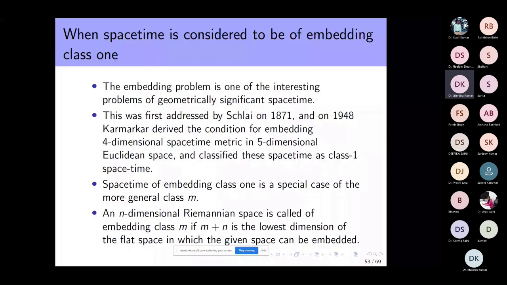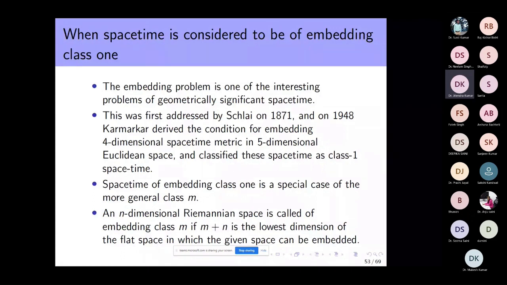First, how will we identify the embedding class? Suppose we have some metric with some dimension, and we reduce that metric into flat space-time. We need some more dimensions, so the difference in these required dimensions will represent the embedding class.